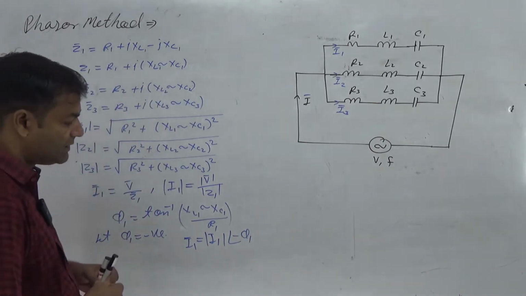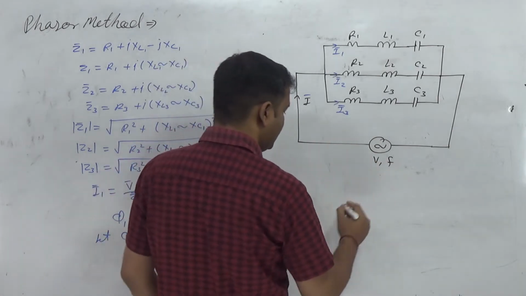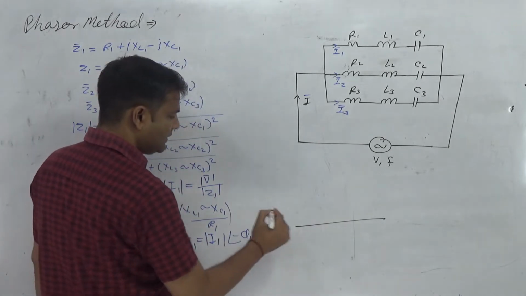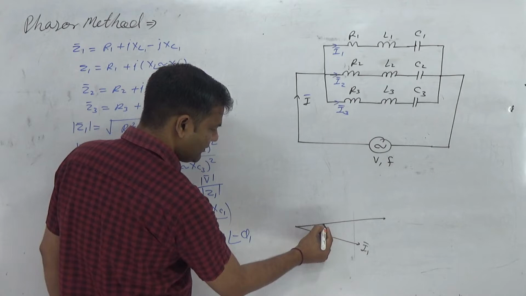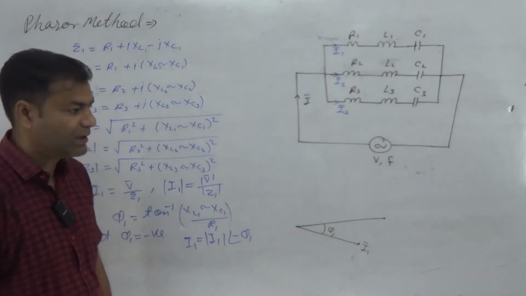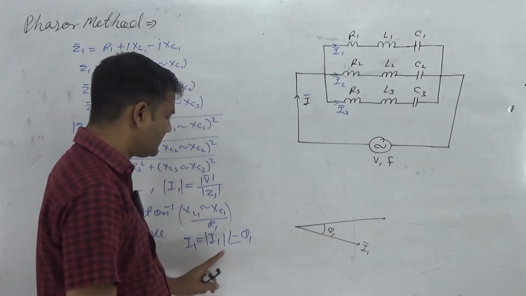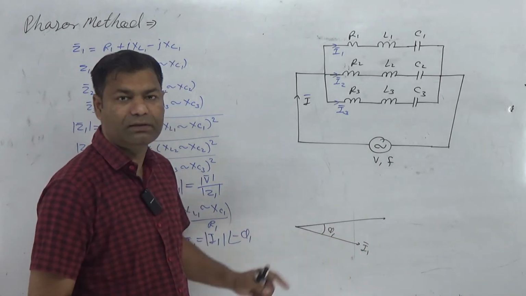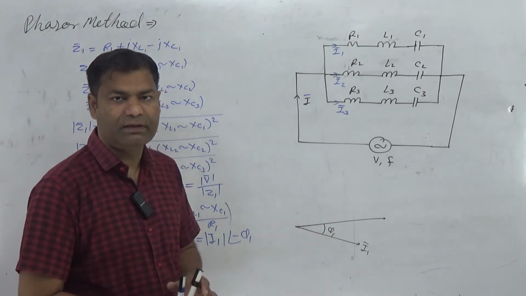If you want to make the phasor diagram corresponding to this circuit, I1 is equal to the mod value at this angle. So this is the complete representation of I1 in the phasor diagram.